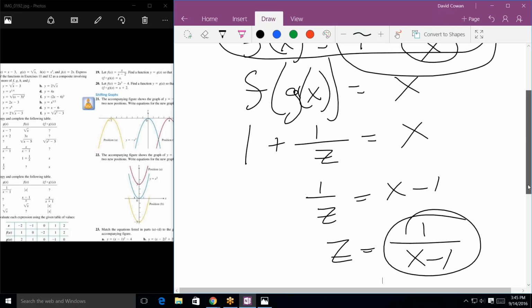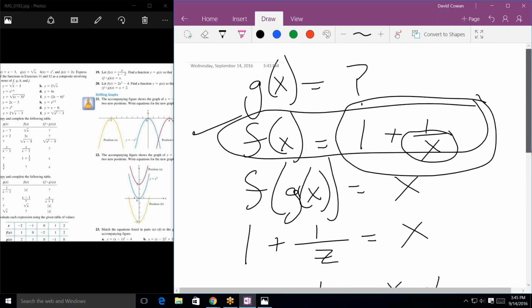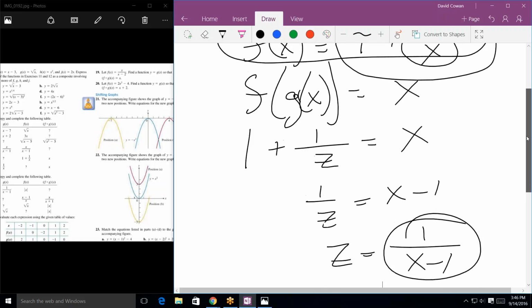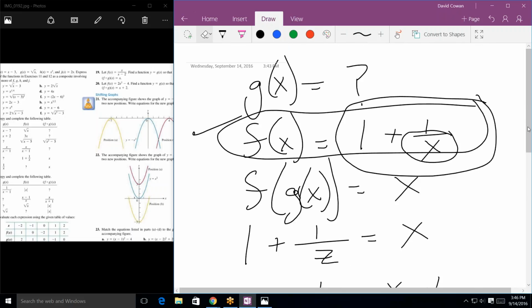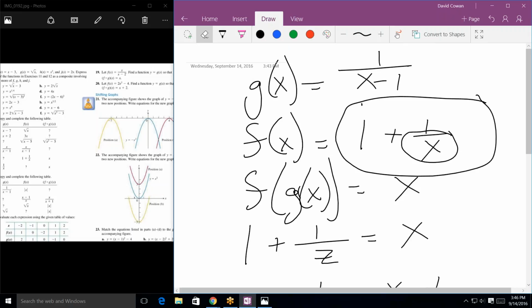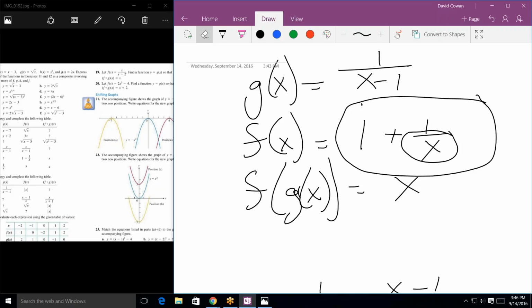Well, let's check. In other words, I'm saying that g of x is 1 over x minus 1. And for these, you always want to check. So I've come up with what I think g of x is. And now let's see if this third statement is true. Is f of g of x equal to x?